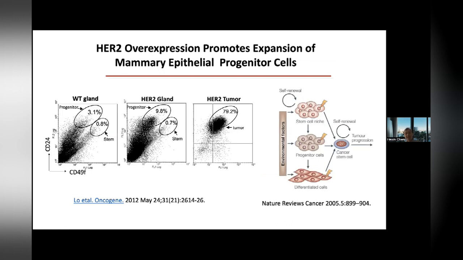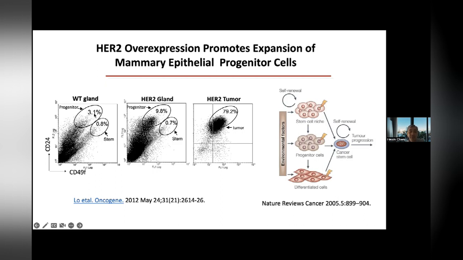So I was wondering how this inflammation at this stage affects stem cell activity in a normal mammary gland. So we analyzed the cellular composition of this mammary gland. The mammary gland is well studied: one single mammary stem cell can repopulate the whole mammary gland. In the normal mammary gland, there is a very small proportion of stem cells, only 0.8%.